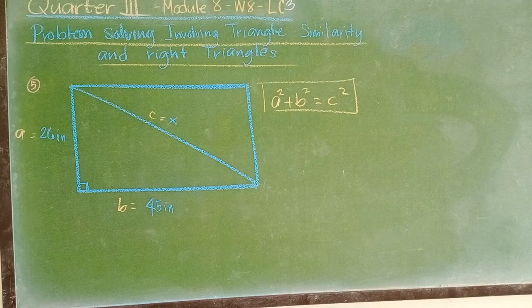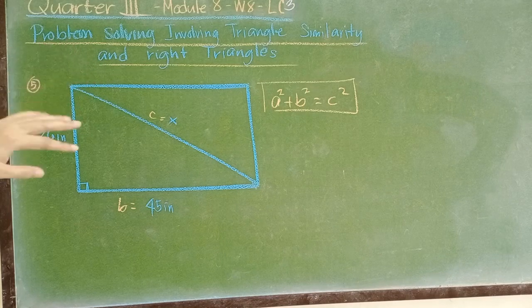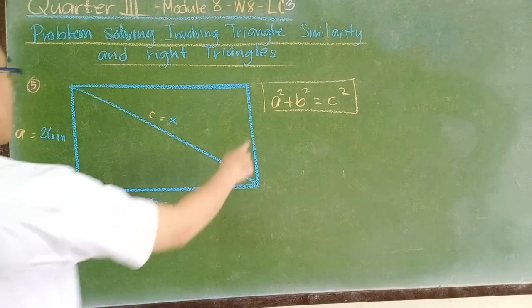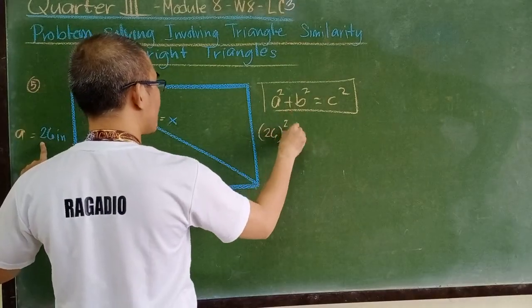So dito sa may number 5, round off your answer to the nearest whole number. So round off na lang natin kung sakaling may decimal number na lalabas. So i-substitute lang natin yung values na given dito sa formula natin. So yung A will be 26 inches, so this is 26 raised to 2.